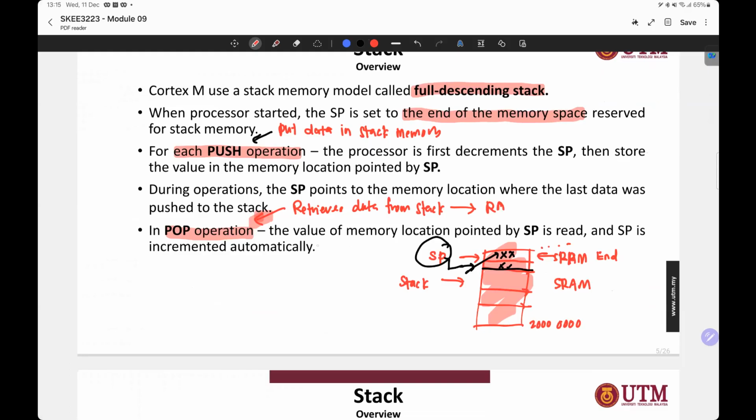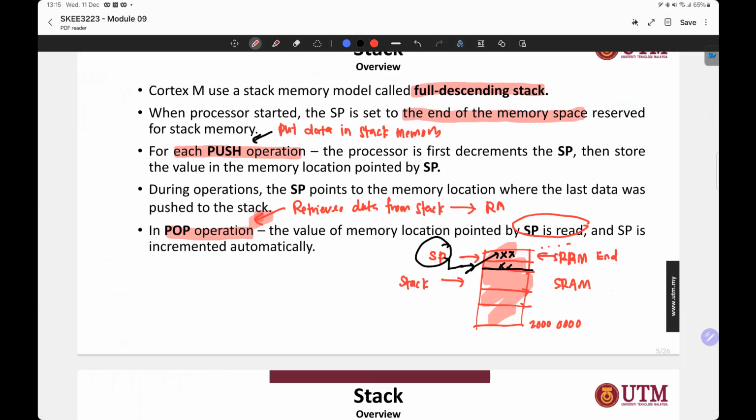When the pop operation happens, you read the data from the stack pointer, and the stack pointer is incremented automatically. That means every time you retrieve the data, the stack pointer is incremented.